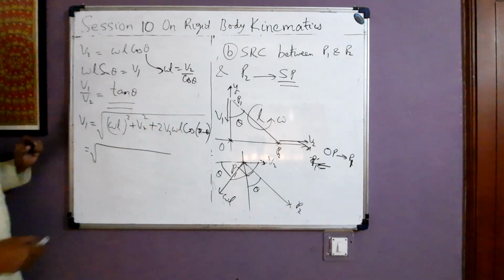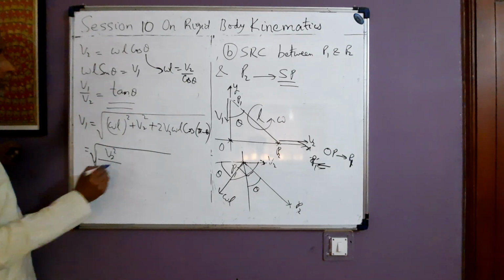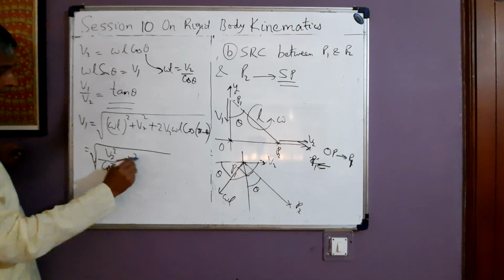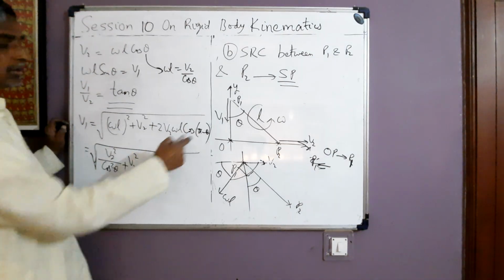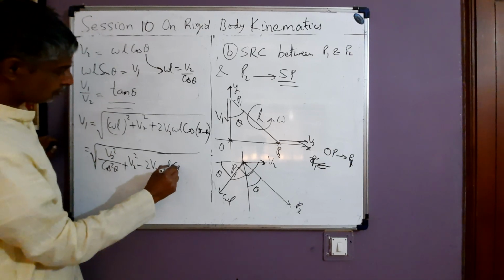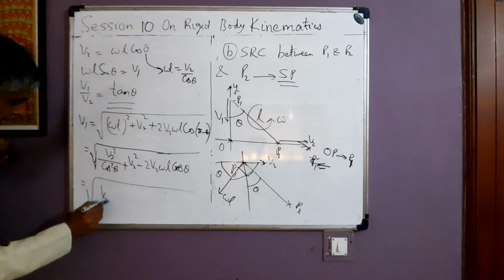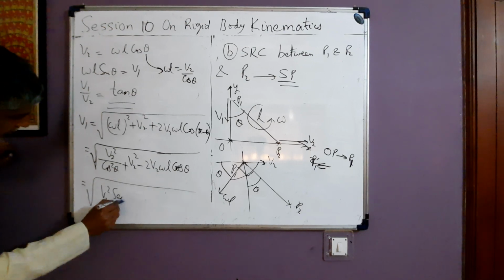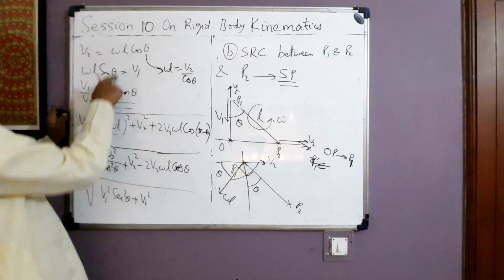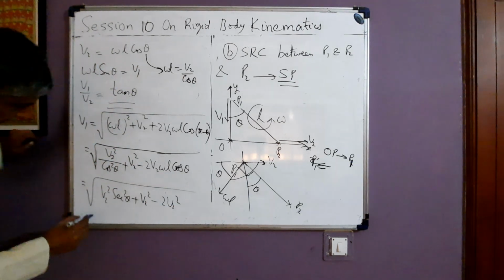So we substitute here: V2 square by cos square theta, plus V2 square, cos of pi minus theta becomes minus cos theta, 2 V2 omega L cos theta. So this becomes V2 square, 1 by cos square theta becomes sec square theta, V2 square. Omega L cos theta becomes V2, so this becomes minus 2 V2 square.